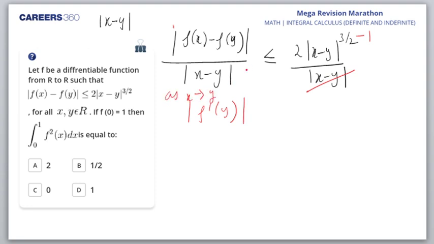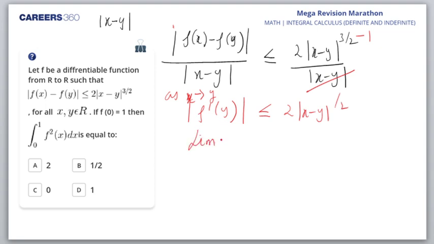As x tends to y, I'll apply this limit. So the left hand side would be f dash y and the right hand side would be twice mod of x minus y raised to power half. I'll write this step again.